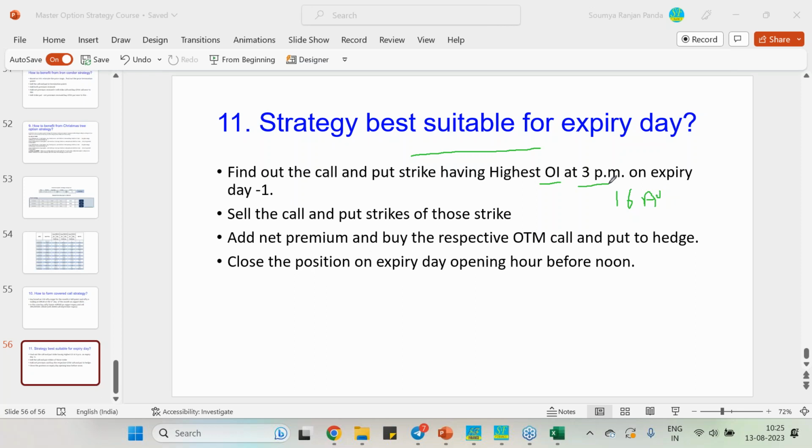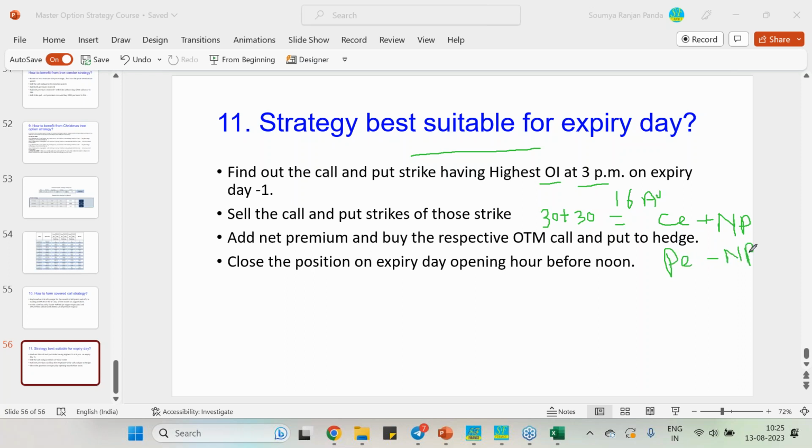Both the strikes you sell, whatever net premium you get, say 30 rupees, 50 rupees, whatever comes. NP I am mentioning as net premium. In the call you add this net premium and buy that strike, and in the put you subtract the NP and buy that strike.